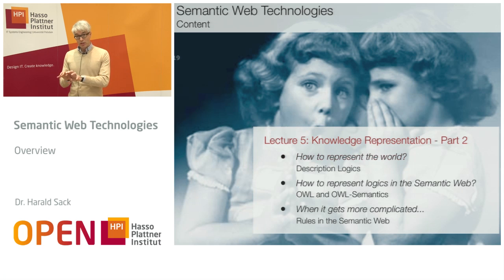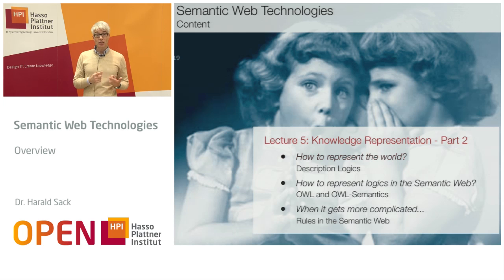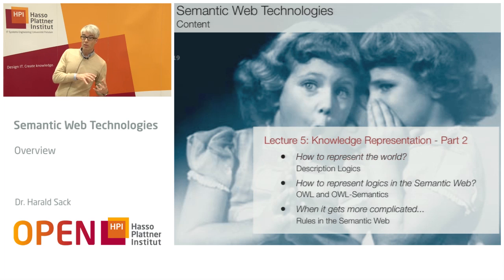And description logics, nevertheless, is a formal language, so it's a problem to put description logics directly on the web. For that, we need some kind of representation language that we can also represent as RDF, which we already know. And there we will learn the so-called Web Ontology Language that is based on a special kind of description logics.